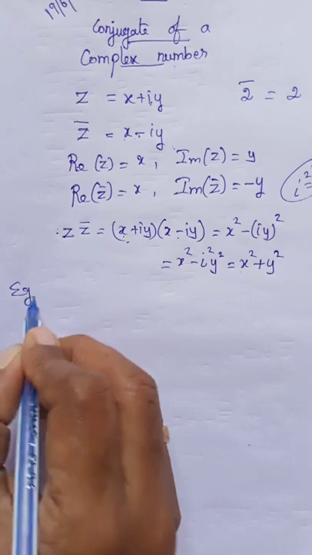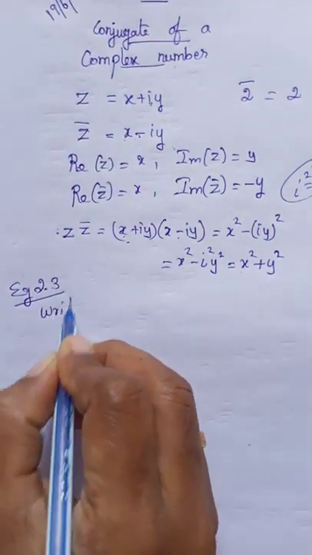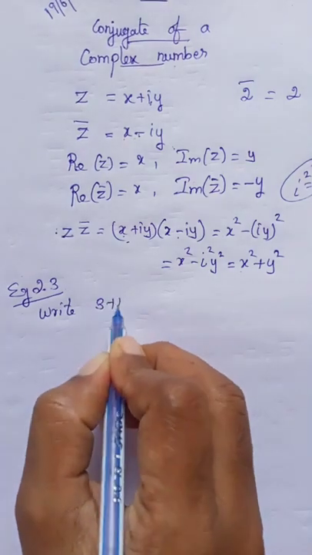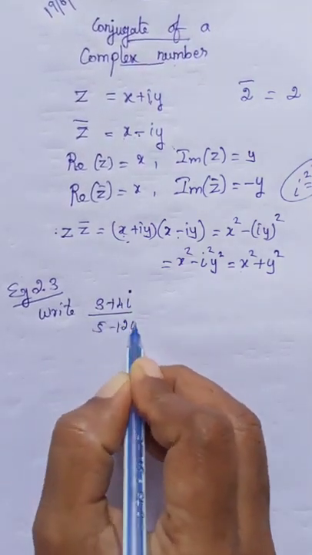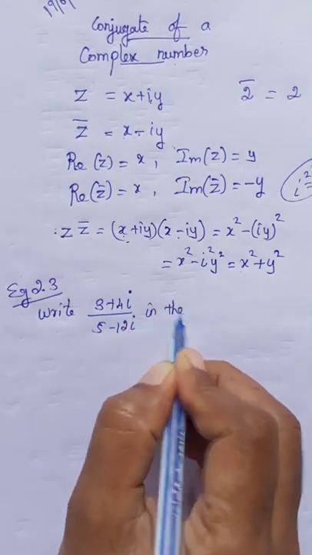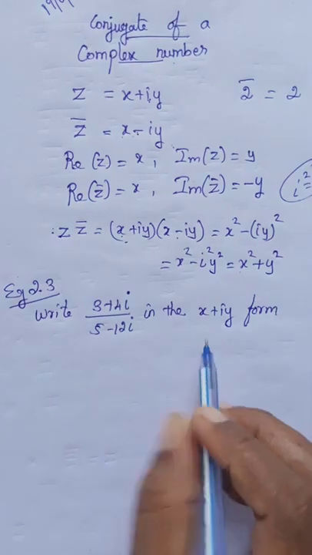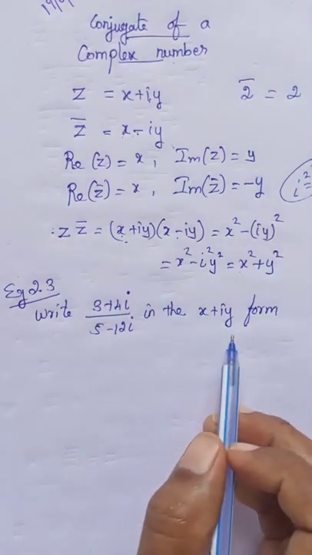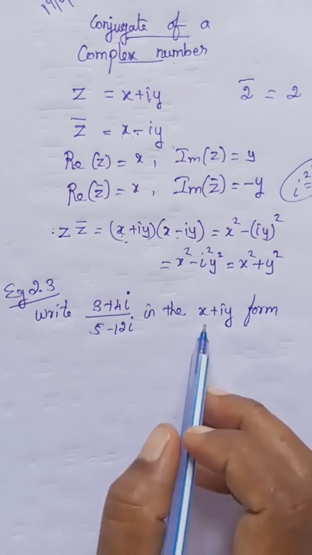See, example 2.3. Write (3 plus 4i) by (5 minus 12i) in the x plus iy form. Either they can give in the x plus iy form or in rectangular form. Rectangular form means also the same thing.